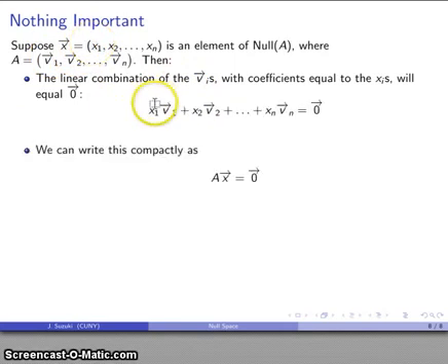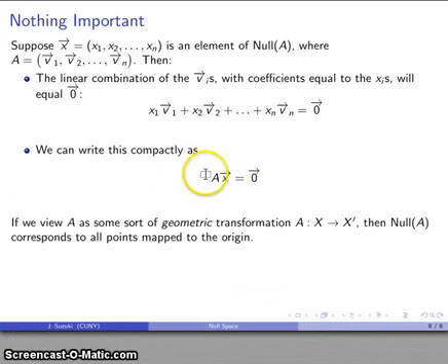I can write that as x1 v1 and so on equals 0, and somewhat more compactly, as A times vector x equals the zero vector. Again, the v's are treated as column vectors, and the x_i's as the individual values. We have to align it appropriately, but this product is going to give me the zero vector.